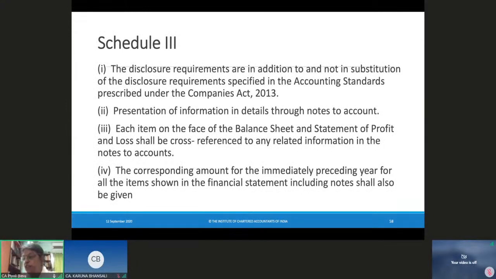And voluntary revision of the financial statements or the board's report is possible. If it appears to the board that the financial statements of the company or the report of the board do not comply with the provisions of Section 129 and or Section 134, there are board reports and other things, they may prepare a revised financial statement or a revised report for any of the 3 preceding financial years after obtaining approval from the tribunal on an application made by the company.